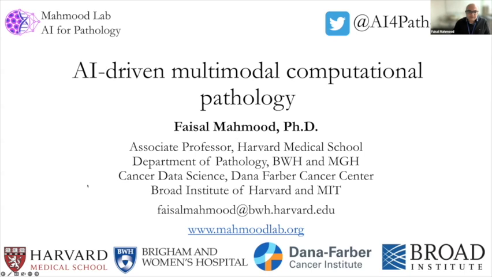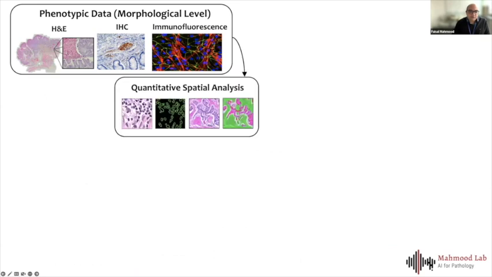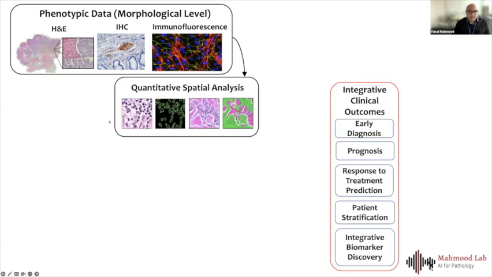So just to get started, I thought I'd say a few words about computational pathology in general and what my lab is very interested in doing and what the field in general is focused on. So we analyze a lot of phenotypic, morphologic level data, and it's typically a lot of analysis on H&E data, where we're doing a lot of quantitative spatial analysis with the hope of correlating the quantified properties with everything here in the red box, including early diagnosis, prognosis, prediction of response to treatment, patient stratification, identifying new, more innovative biomarkers.